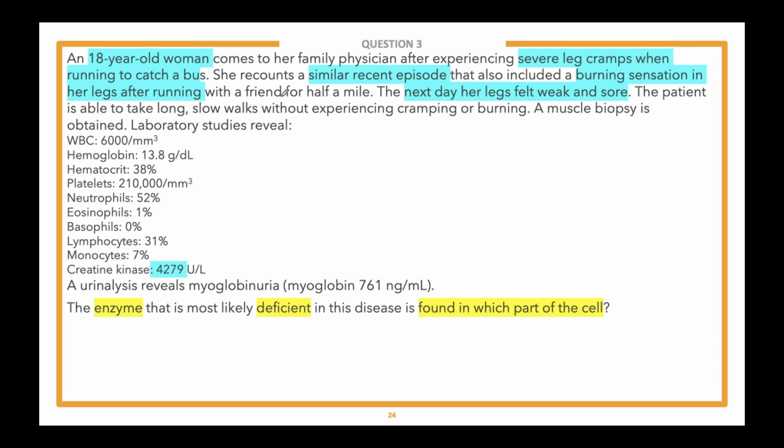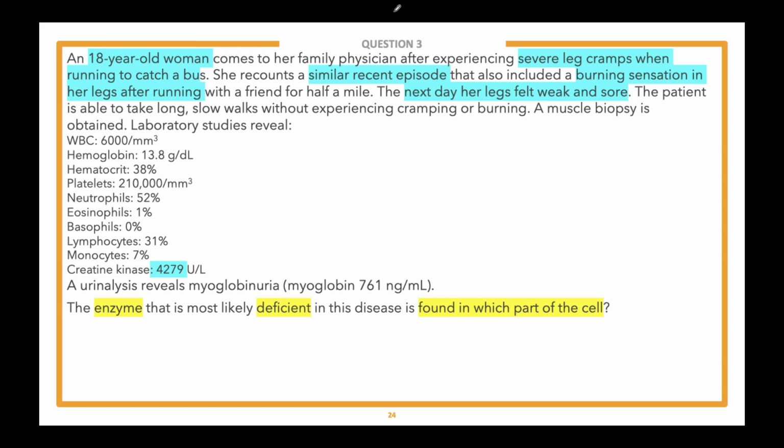I don't normally think of that as a long distance, so I find that interesting. More comments about her legs being weak and sore. We have a lot of normal lab values, and we also have a creatinine kinase that's about 4,300. And then that urinalysis, which I had meant to highlight as well, is showing myoglobinuria in the urine as well.